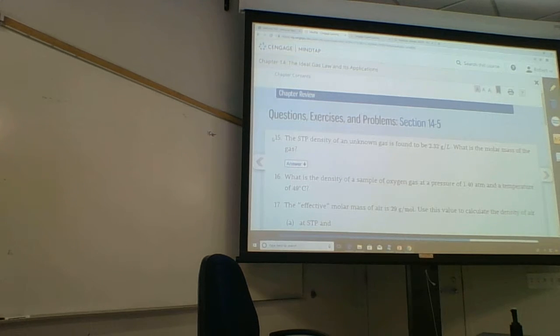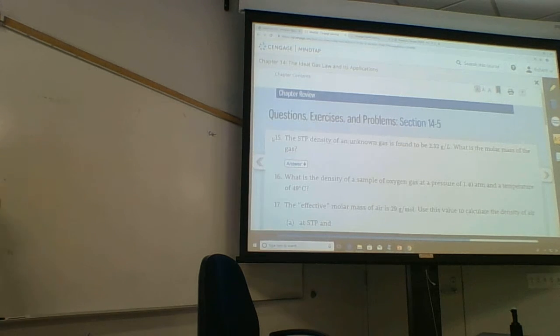The molar mass is equal to the mass over n, the gram to mole ratio. And so this is going to simplify into the molar mass times P divided by RT. So if we know what the molar mass of the gas is, we can calculate its density at any pressure and temperature.